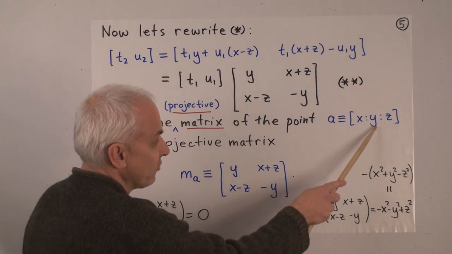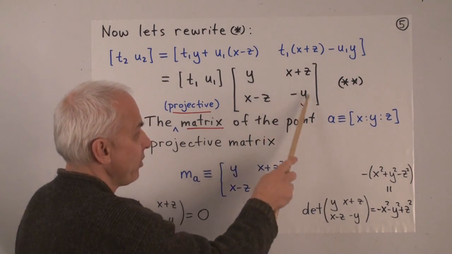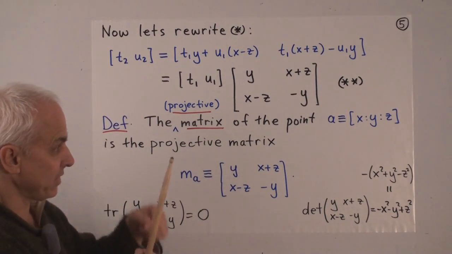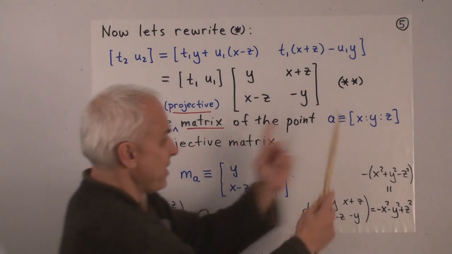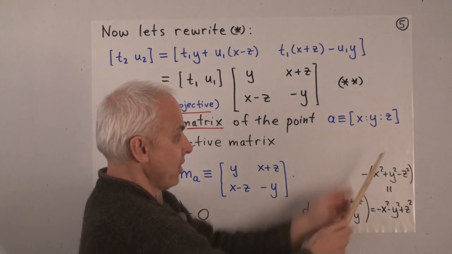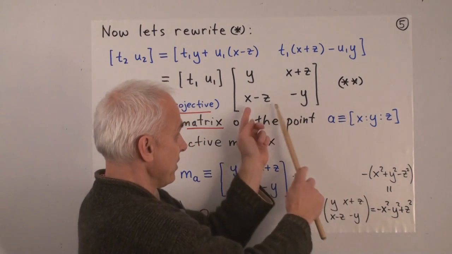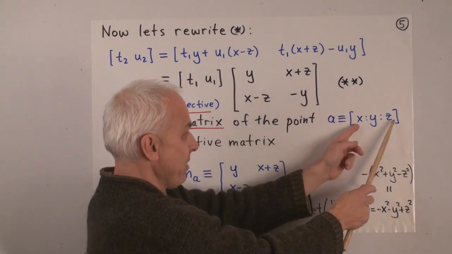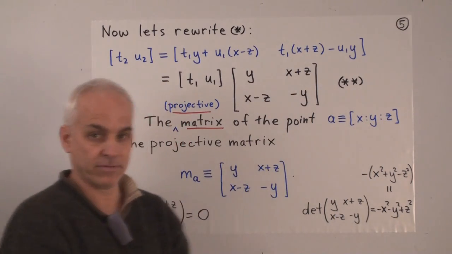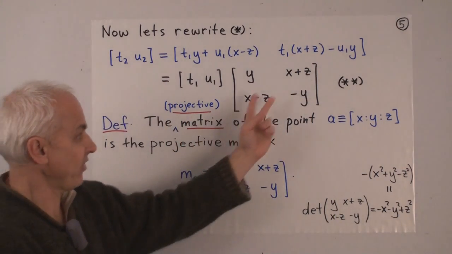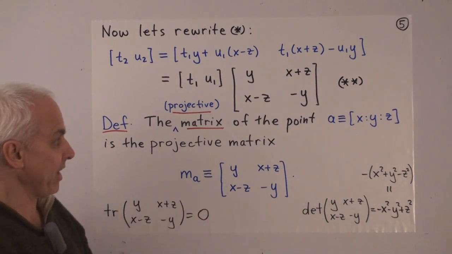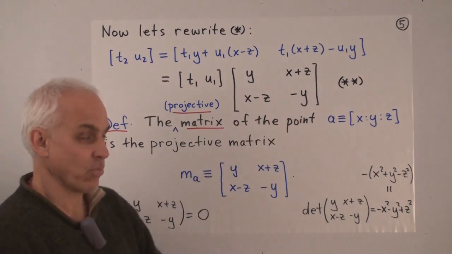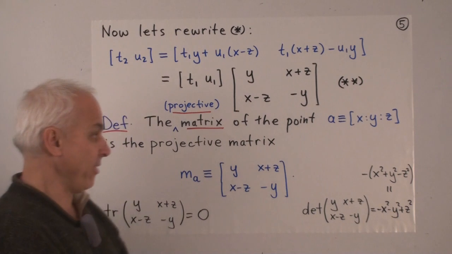We take the second entry, the y entry, and put it there, and put its negative there, along the diagonal. And then the other two, the x and the z, are used. The difference, x minus z, goes there, and the sum, x plus z, goes up there. X minus z, x plus z in the off-diagonal places, y and minus y on the diagonal places.